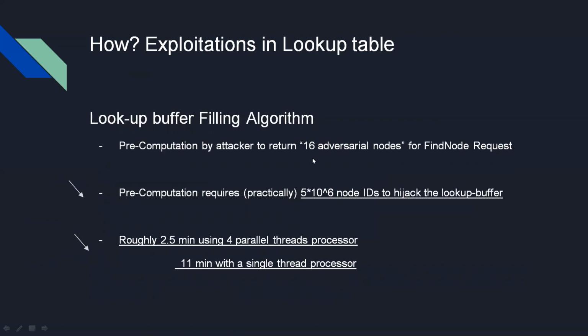Coming to how the attacker exploits the lookup table. Remember, lookup table picks the nodes of DST table of randomly selected node. So if the lookup algorithm selects an attacker node or a victim node in the blockchain network, then the lookup table can be hijacked.